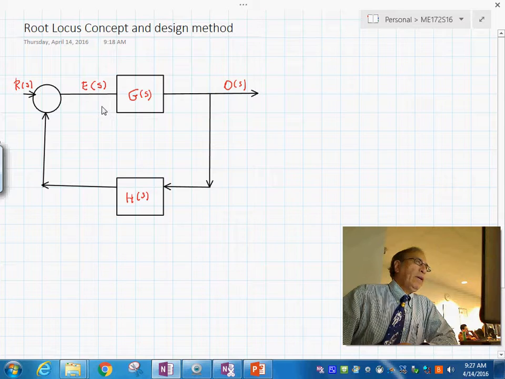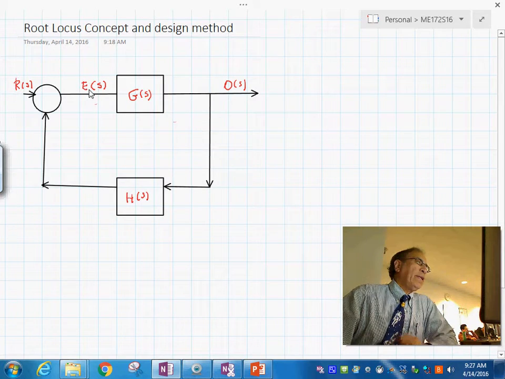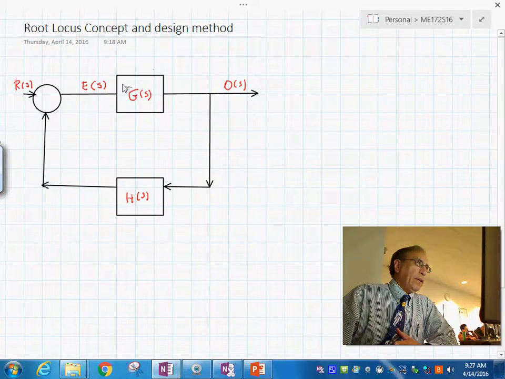But one thing that we don't have here, this is your system, you know, but why don't we put just a little bit of a control system, just a tiny block that would do something to this main system.